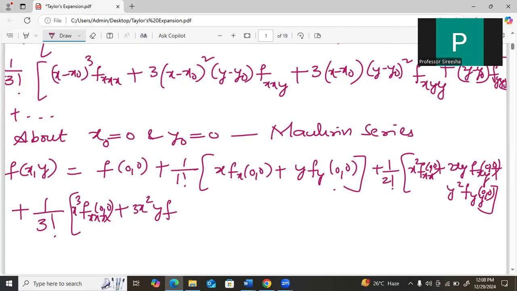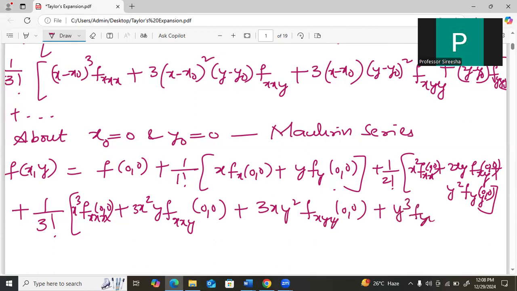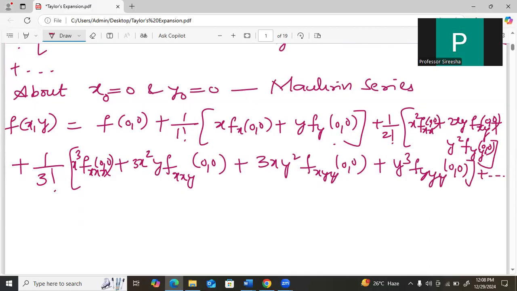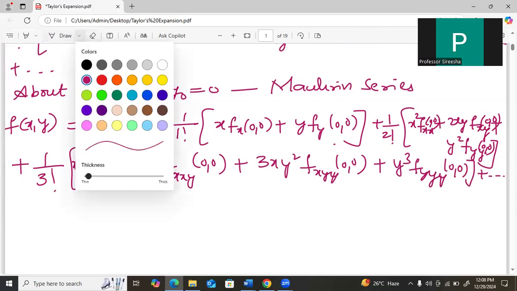Okay. Now this one would be fxxy at 0 comma 0 plus 3xy squared fxyy at 0 comma 0 plus y cube f triple y at 0 comma 0. Okay. And things will go on and on like this. Okay. You can extend it for the fourth term as well, guys. This would be called Maclaurin series expansion.